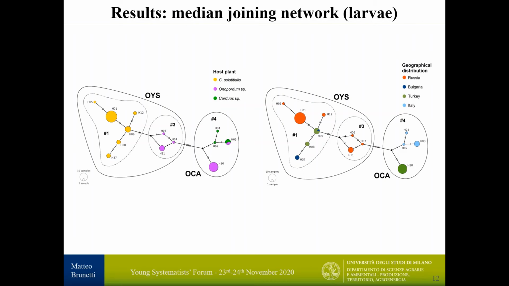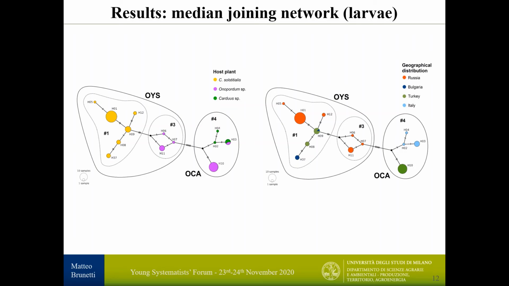Almost the same grouping pattern can be visualized in the haplotype median joining network. On the left side, the colors in the network correspond to the host plant, while on the right side, colors correspond to the collection country. Comparing the two figures, it is clear that the main groups are more strictly related to the trophic ecology of the insect than they are to the geographic distribution.